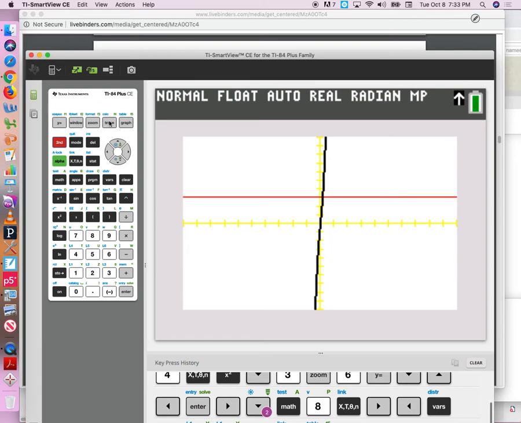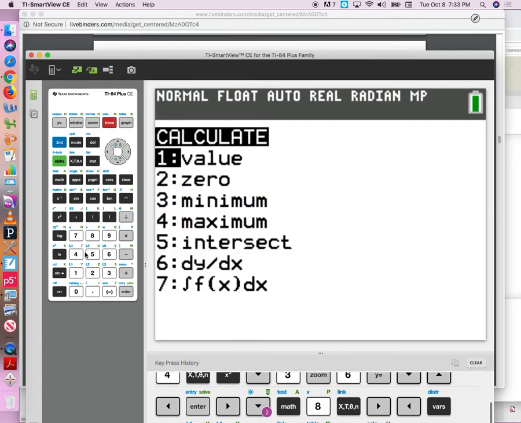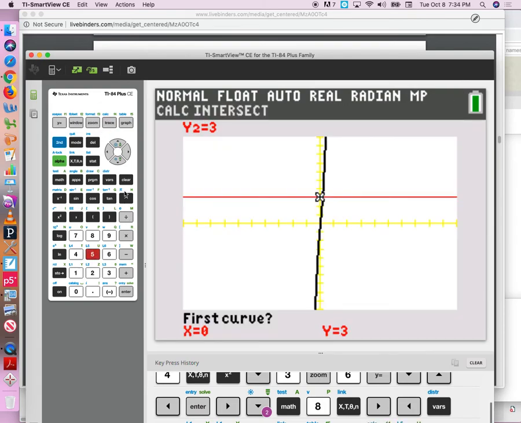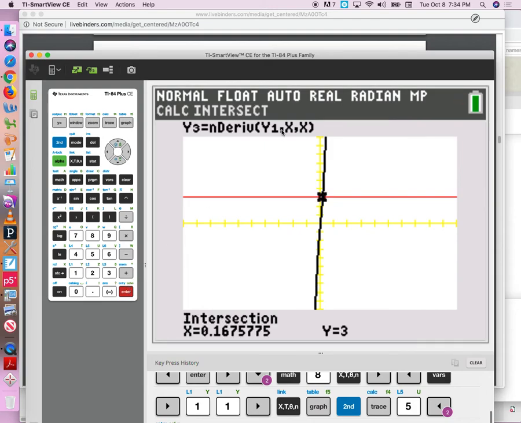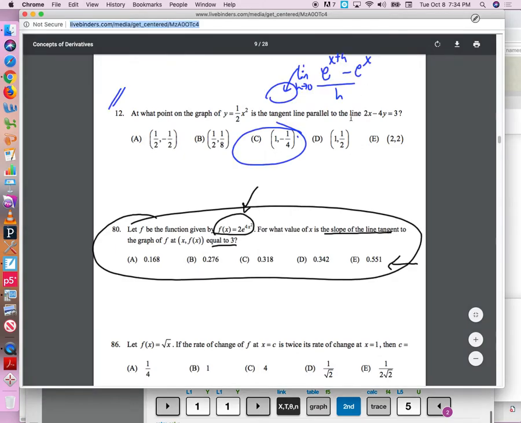So I'm going to go to Second, Calc, Intersect, and I want to be on the first curve. You can see where I am. I'm on the first curve, Enter. Now I'm on the second curve, so I hit Enter. I don't ever guess, so I hit Enter. And I get 0.168. And that's one of my answer choices, I think, A. So it would be 80A.